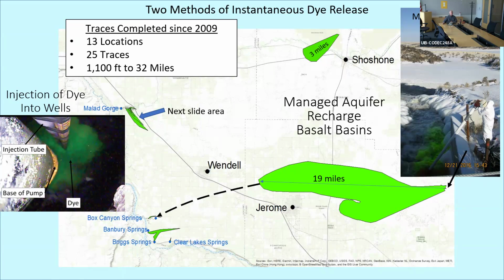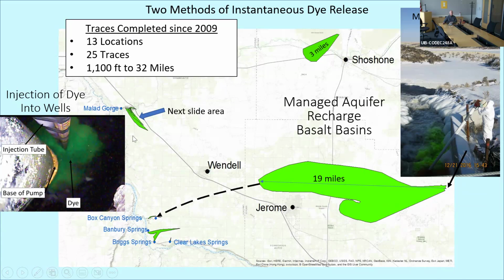We started our groundwater dye tracing at Malad Gorge in a well that's the closest well to the springs, which is only 1,100 feet. Since we started dye tracing, we've completed 25 traces at 13 locations, ranging from 1,100 feet, the first trace, up to 32 miles distance.